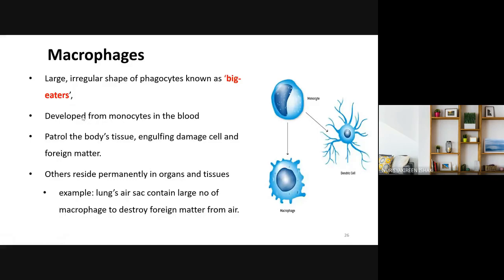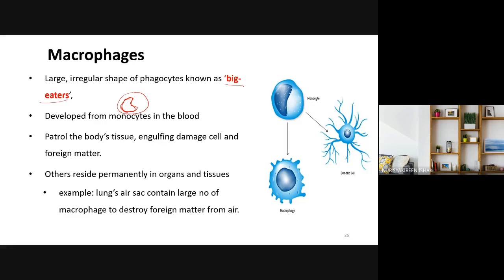Okay, so macrophage, they are large, irregular shape phagocytes known as big eaters. So another term for macrophage is big eaters. Developed from monocyte in the blood. Okay, so monocyte, kalau kita belajar, kita buat lab hari tu, nucleus dia bentuk kidney shape macam tu sikit.